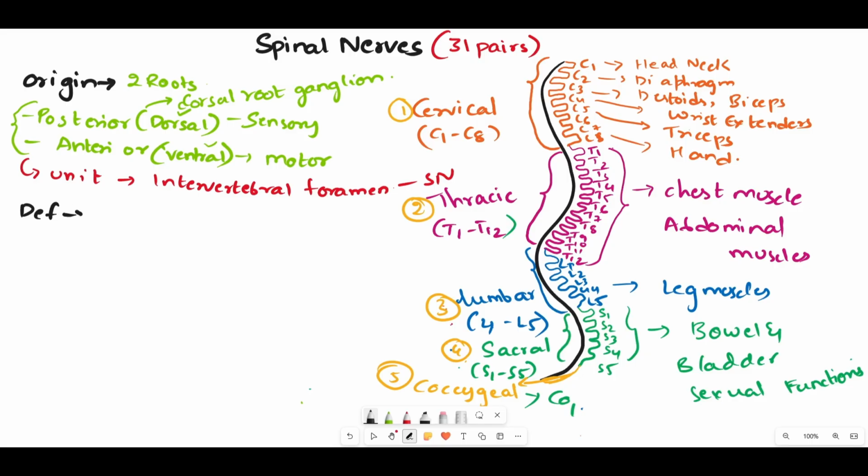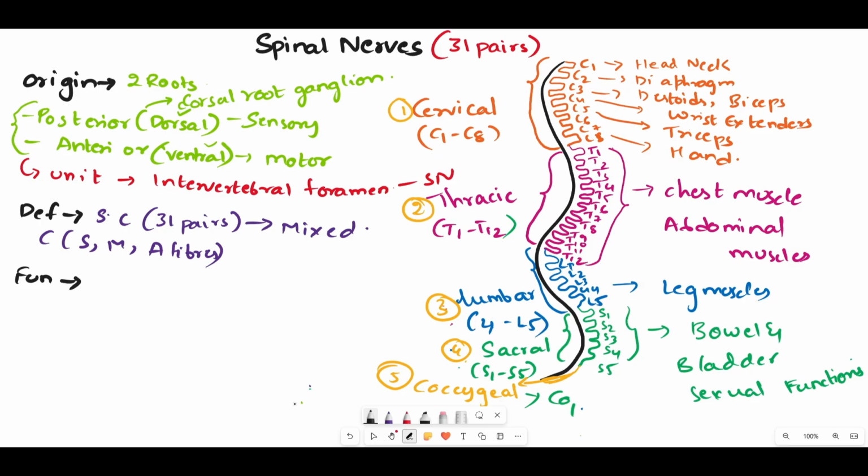Back to its definition, remember only one thing: this arises from the spinal cord. There are 31 pairs, and all the nerves are mixed nerves. They carry sensory, motor and autonomic fibers.